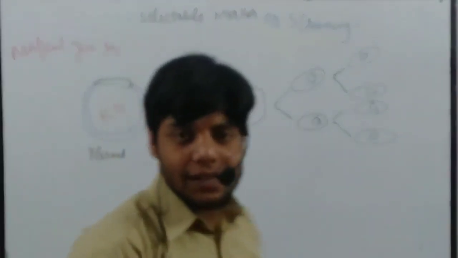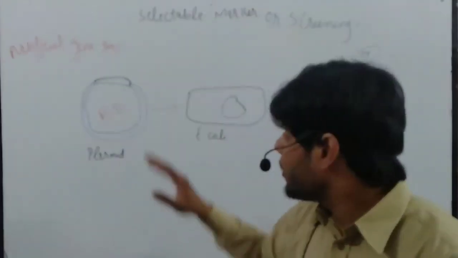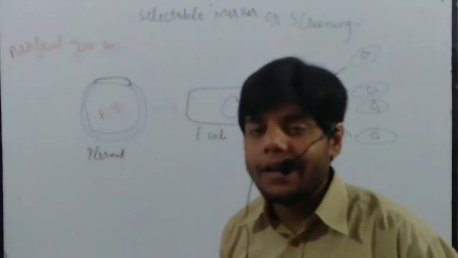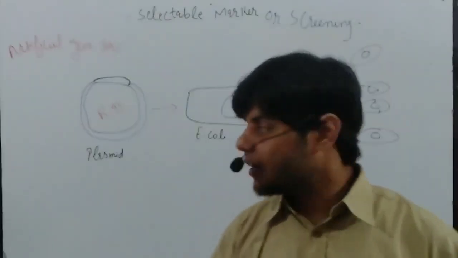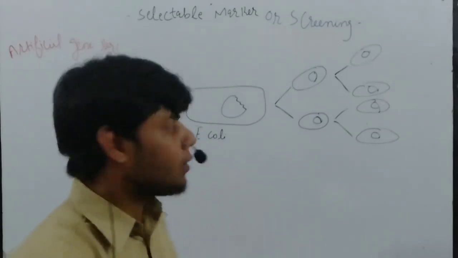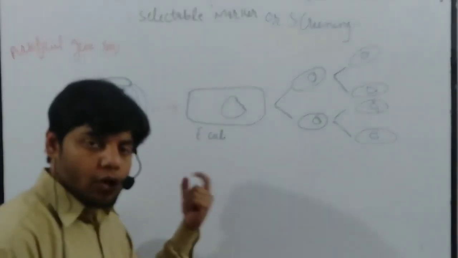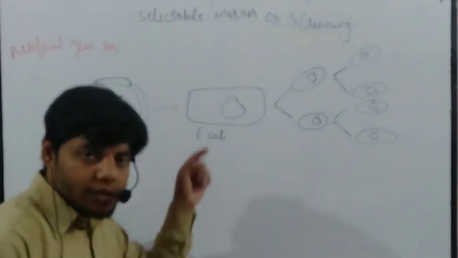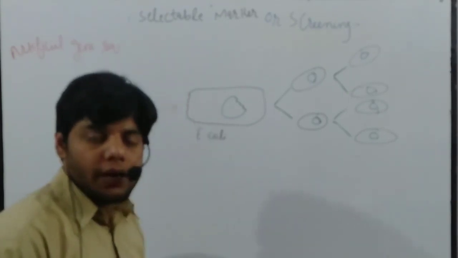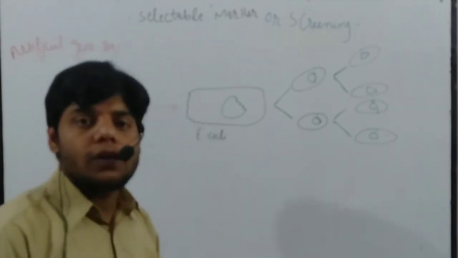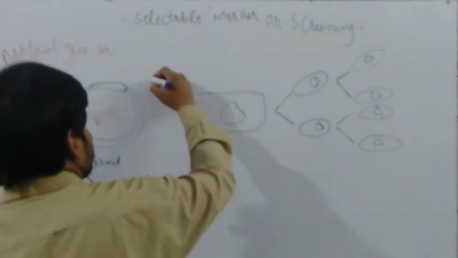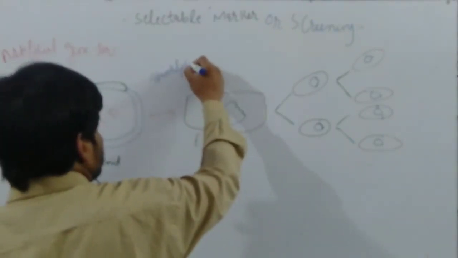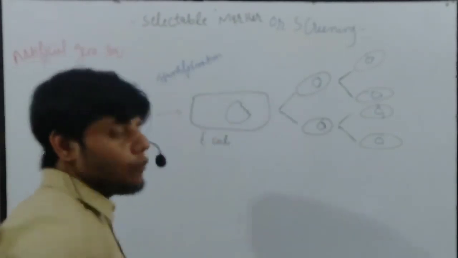So let's suppose the phenomenon that actually happens. This recombinant DNA or plasmid is not directly internalized into a bacterial cell. When we want to transfer this recombinant DNA to the bacterial cell, we need a process we call transformation.